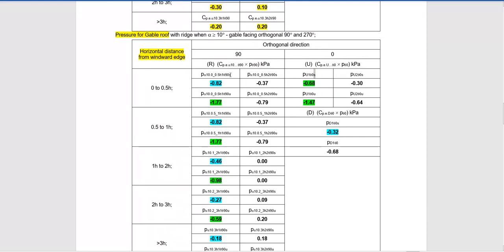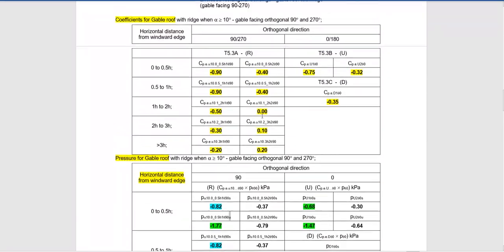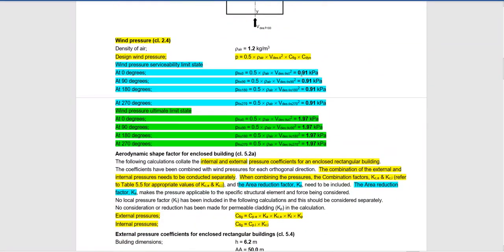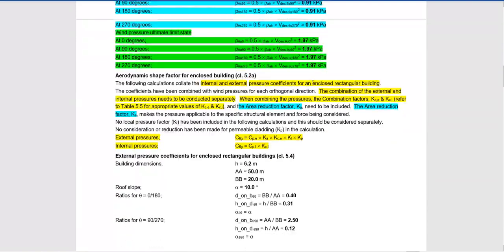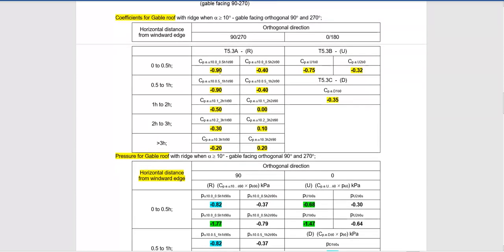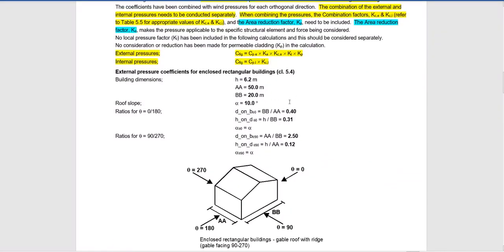one thing I forgot. As you can see, the small s stands for serviceability and the u stands for ultimate limit states, which is where I've gotten the value from here. I've got to multiply this value by this value to get the value of negative 0.82. It's very simple.